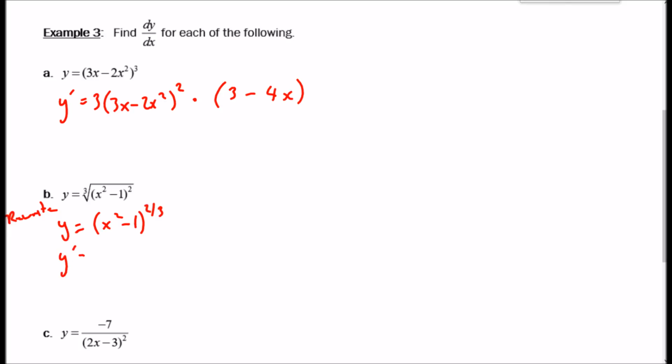So y prime equals 2/3 times x squared plus 1 to the negative 1/3. I multiplied down the 2/3 to the front, and then decreased 2/3 by 1 and made it negative 1/3. One additional step, since I had an inner function, which is quadratic, I have to multiply by the derivative of that quadratic.